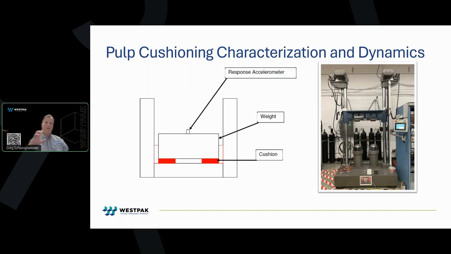So each time you add weight to it, you do 5 impacts. The first impact is recorded, and you take the average of 2 through 5 for developing the cushion curves. The loading levels should be recorded as weight per linear inch rather than pounds per square inch, like I mentioned before, which is the normally accepted procedure.